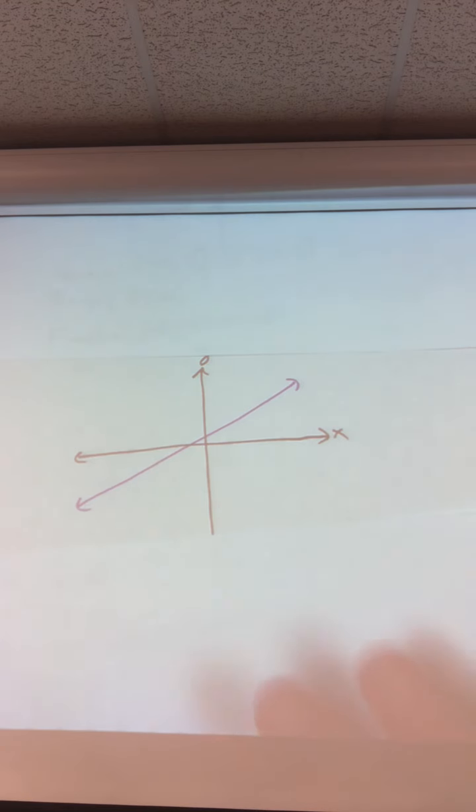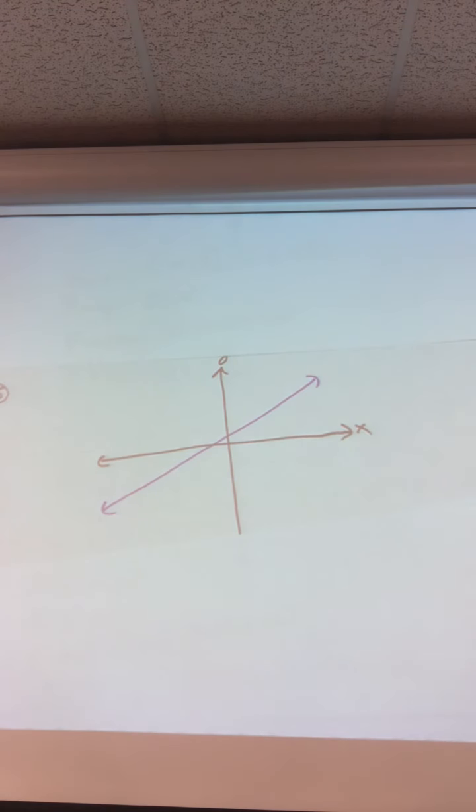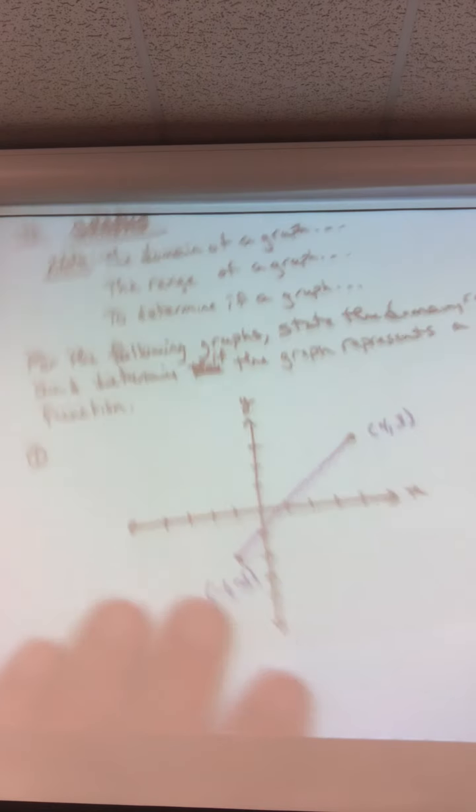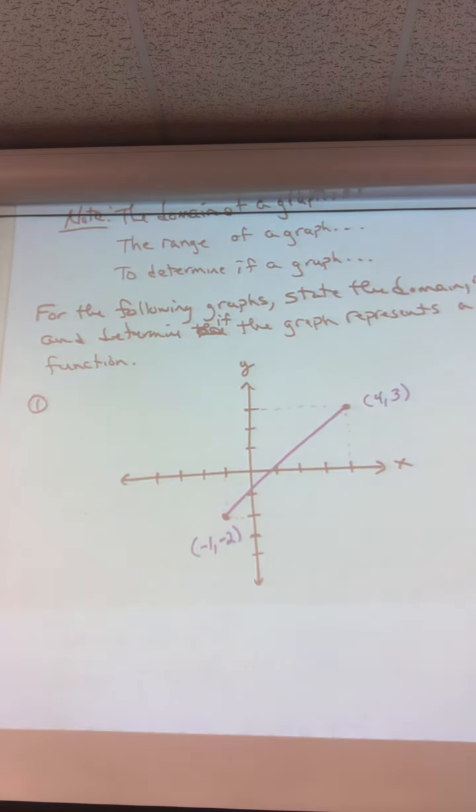Is this graph right here. Copy it. Okay, so you should have all 5 graphs now. So just kind of sit back and watch me while I talk about this. It's pretty easy now if you remember your notes.